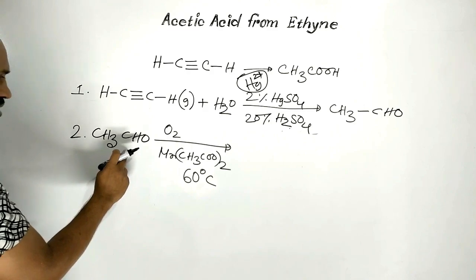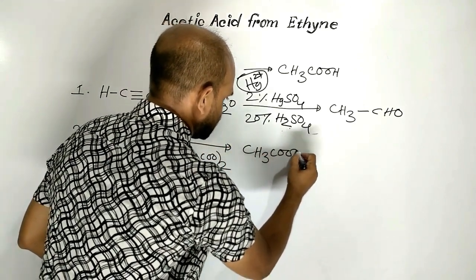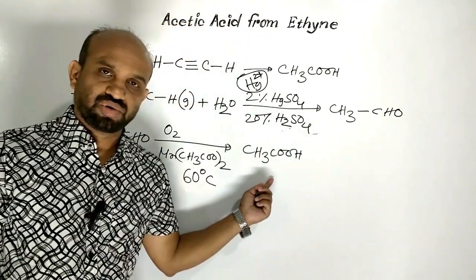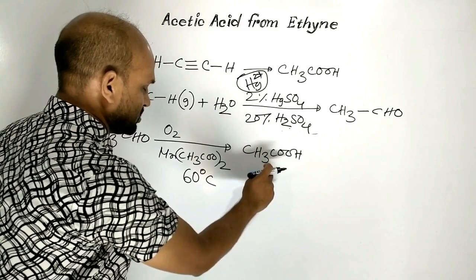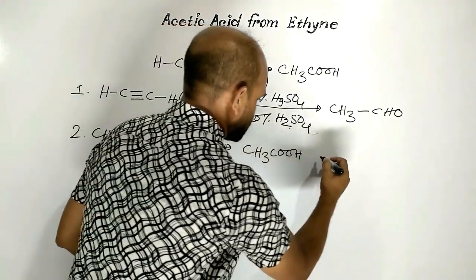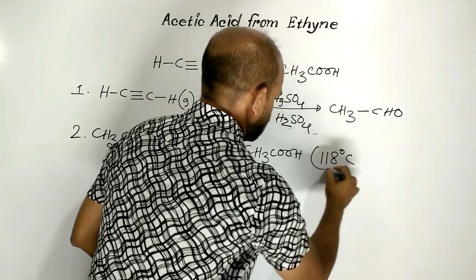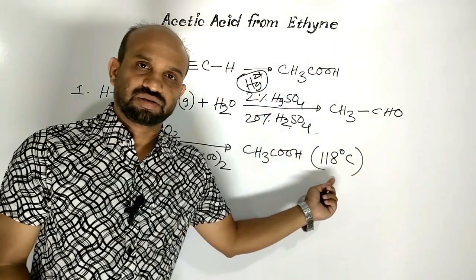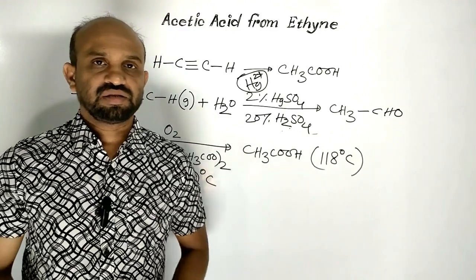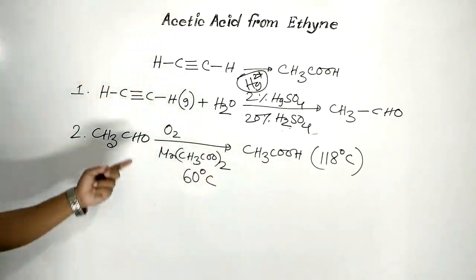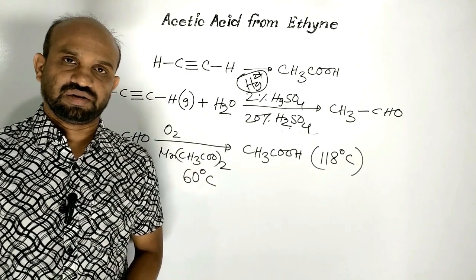Then acetaldehyde converts to acetic acid through oxidation. This acetic acid is separated through distillation at 118 degrees Celsius temperature. In this way, acetic acid can be prepared from ethyne or acetylene.